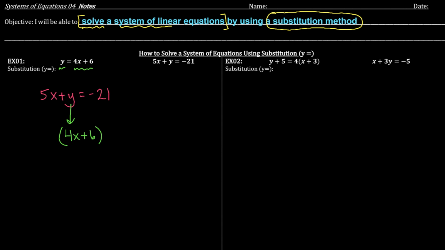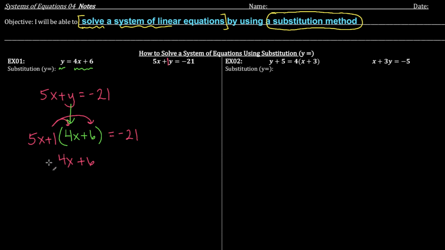And then we keep everything else the same. So 5x plus 4x plus 6 equals negative 21. Now, if you prefer, we could put a 1 here, so like a 1y. So 1 times 4x is 4x. 1 times 6 is 6.